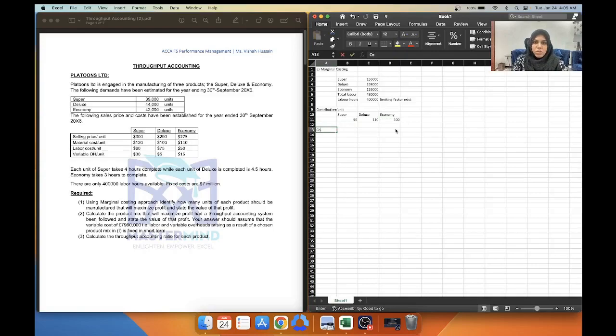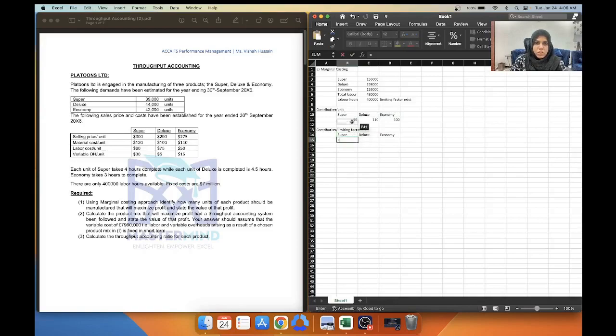So you need to make sure that all of your variable costs are taken into account. Next we have is the contribution per limiting factor. So you already have these, just copy it down.